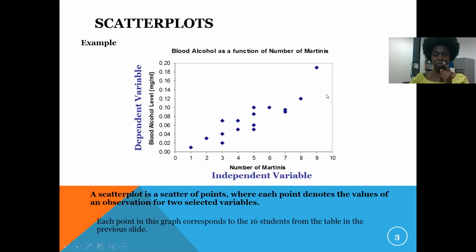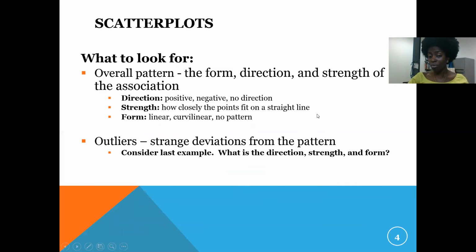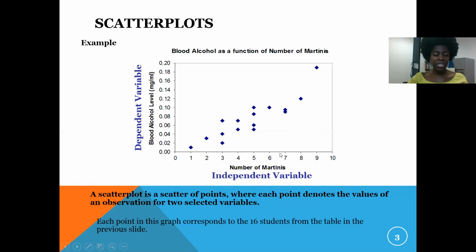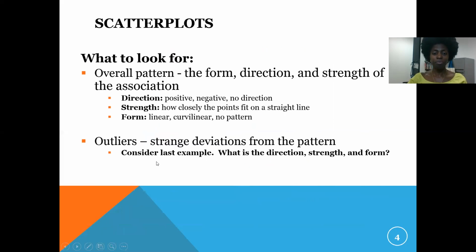And so we might say that the direction is positive, right? Because as x-axis is going up from 0 to 10, y-axis is also going up. And then the form, it's a straight line. It's not an S, it's not a V, it's not a U, it's just a straight line, right?